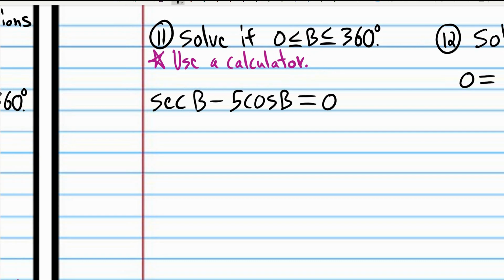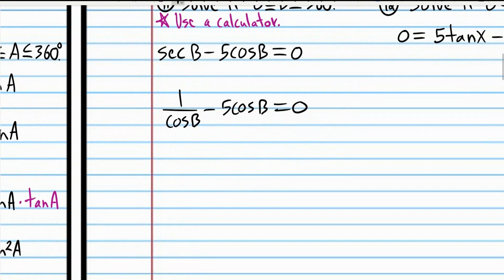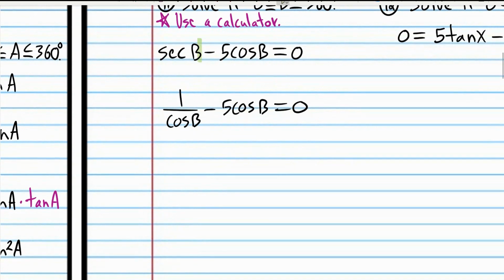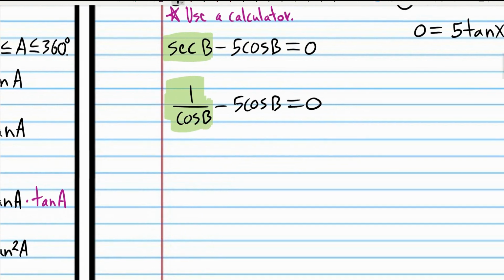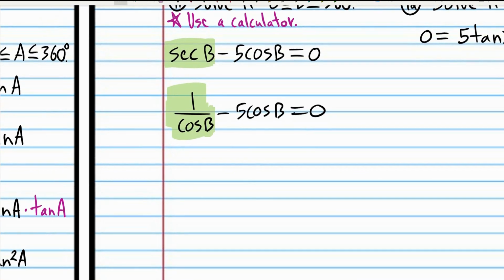So this is going to be a calculator problem. So again, we're going to use a reciprocal identity. And there's a lot of different ways that you can solve these problems, so just be aware there's not just one method.